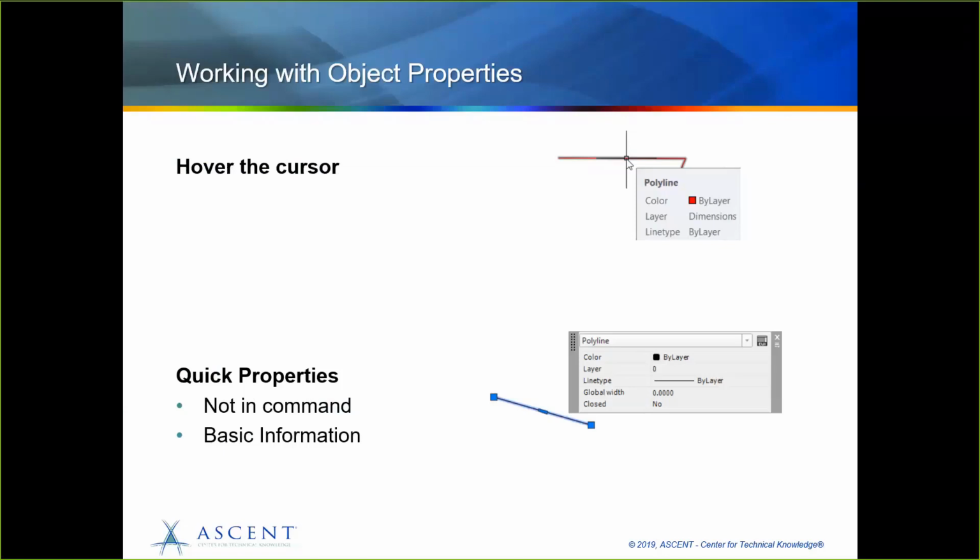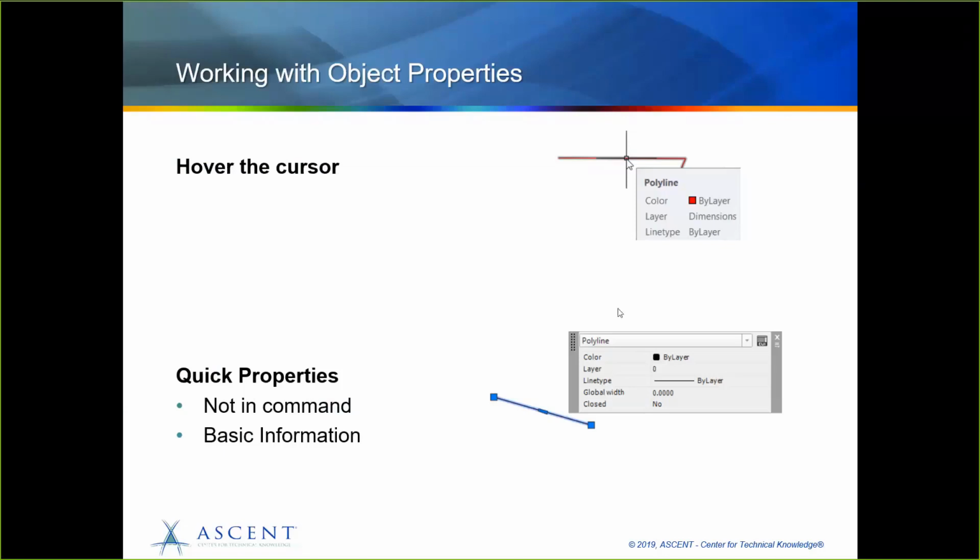For example, this is a line, so it'll give you the width and whether it is open or closed. But if you had a circle, it'll give you what the radius is, where the center point is, and so on. That's why it varies with each object that is being selected.